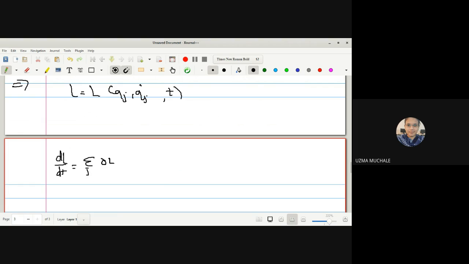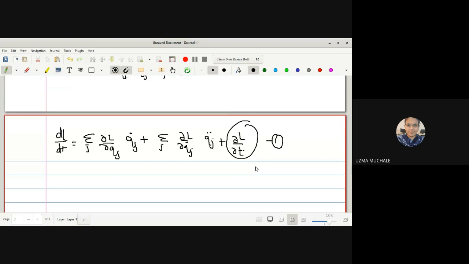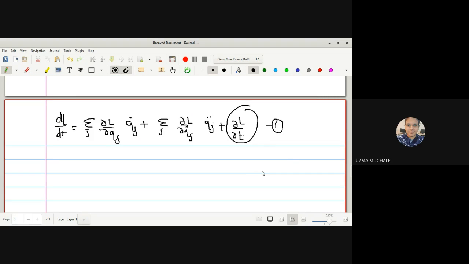Summation over j dou L by dou qj, then derivative of qj with respect to t, plus again summation over j derivative of L with respect to qj dot, then derivative of qj dot with respect to t, once again plus next term, derivative of L with respect to t. हे 0 येणार आहे, का 0 असेल, because we know that Lagrangian L does not contain the time t explicitly. This is the total derivative, but here the partial derivative of L with respect to t is 0.